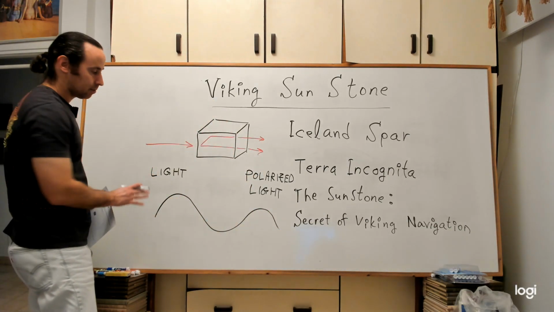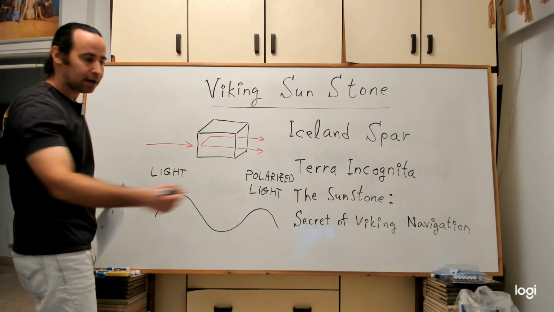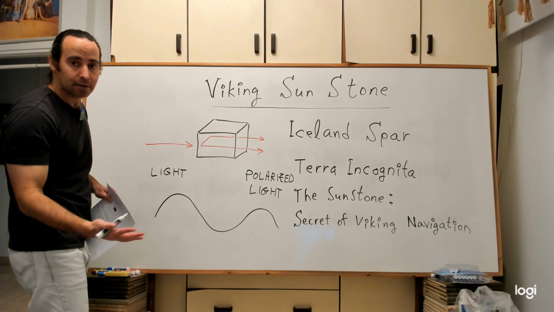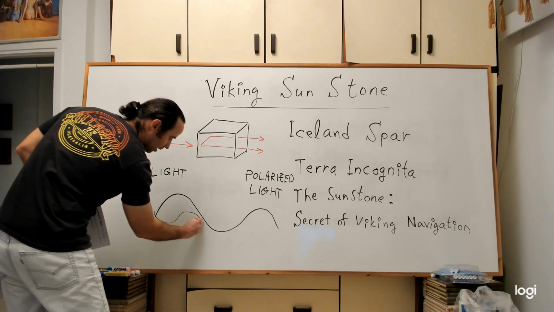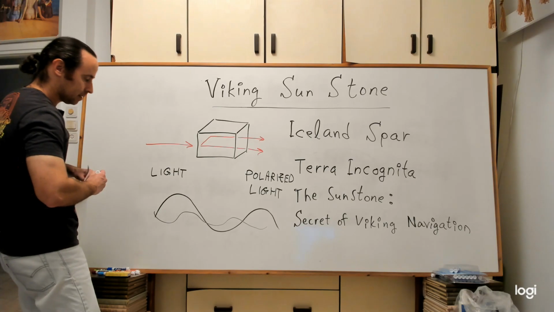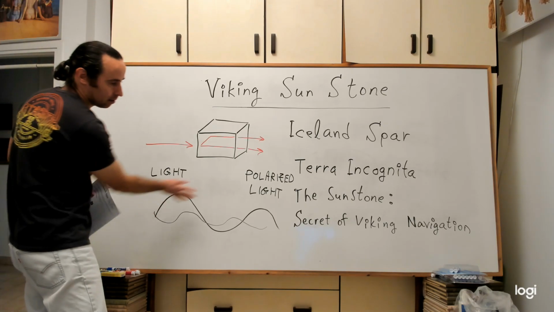Okay, so this is one polarization. But if we move the rope to the right and to the left, each one of us, then this is another polarization. I don't know how to draw this, but it's another polarization.